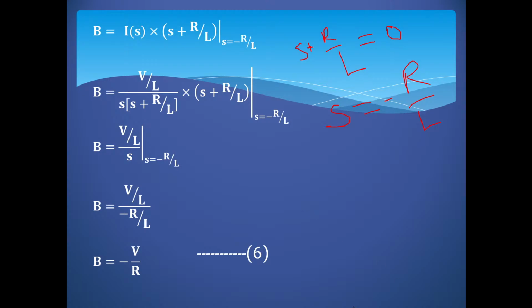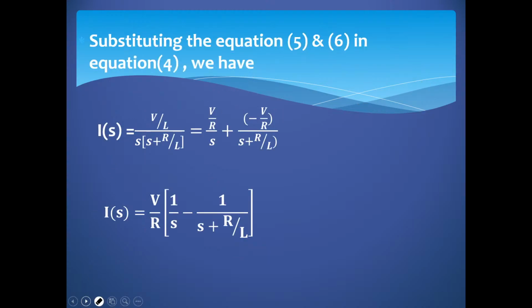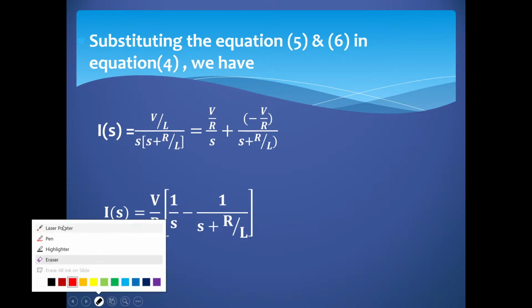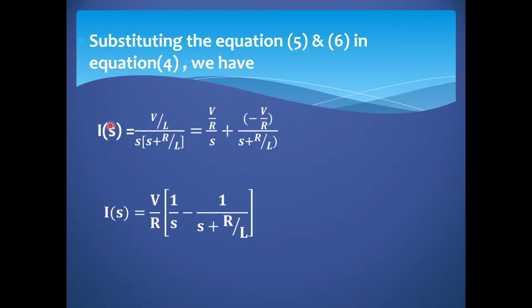So if you substitute 5 and 6 in equation 4, what do you get? I of S is equal to V by L by S into S plus R by L, which you have written as A by S plus B by S plus R by L. What is A? V by R. What is B? Minus V by R.